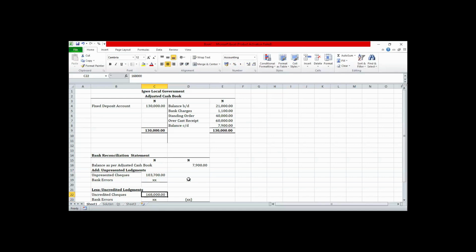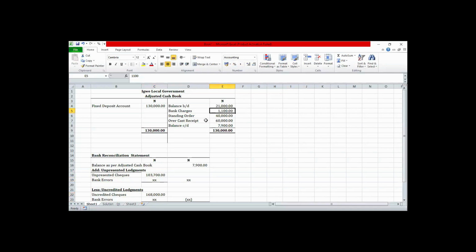Do we still have any transaction to post again? So what about the bank charges? We've done the bank charges here now. See, 1,100 in the adjusted cash flow.